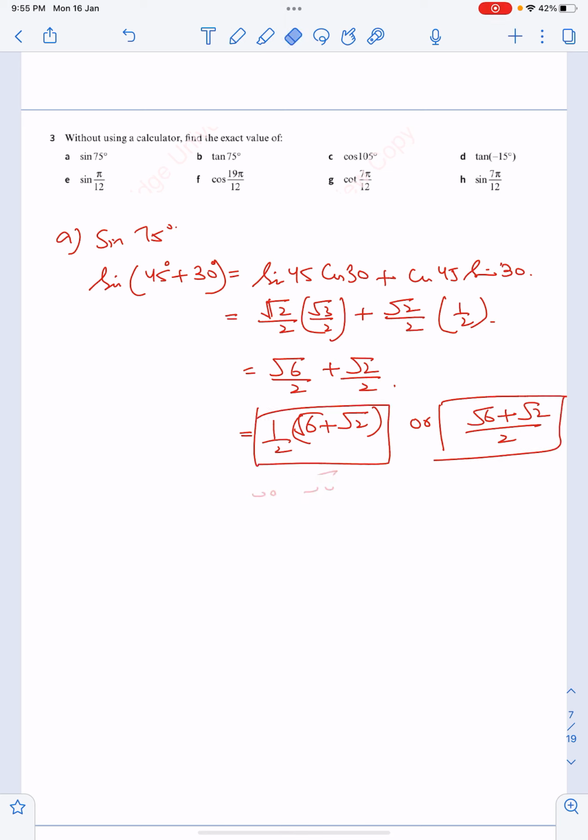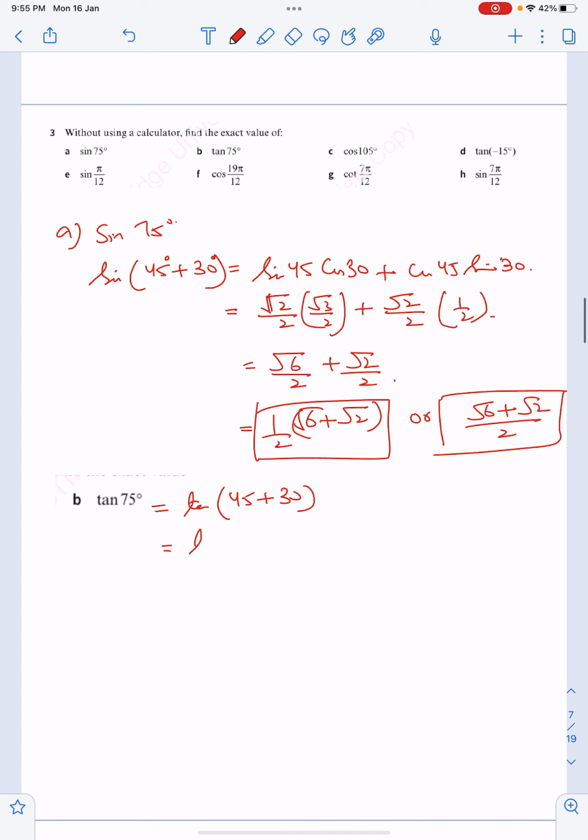Okay. Moving on to tan of 75 degrees, the B part. Tan of 75 once again can be written as tan of 45 plus 30, and we know the formula is tan of 45 plus tan of 30 upon 1 minus tan of 45 tan of 30.